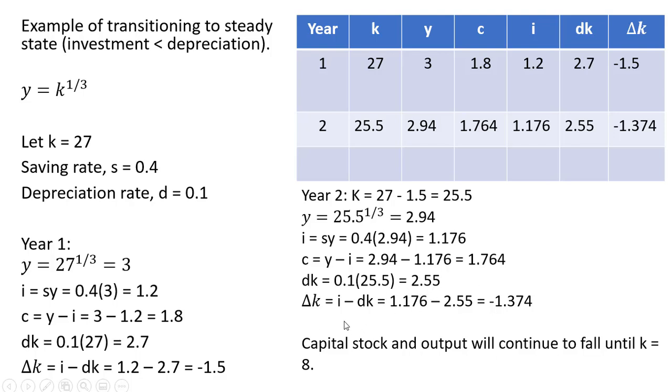But once again, the change in capital will still be negative, not quite as negative as the earlier year, but still negative. And year 3, we'll start with less capital, lower output, and so on. And this process will continue until the capital stock and output will continue to fall until we reach the steady state capital labor ratio of 8.